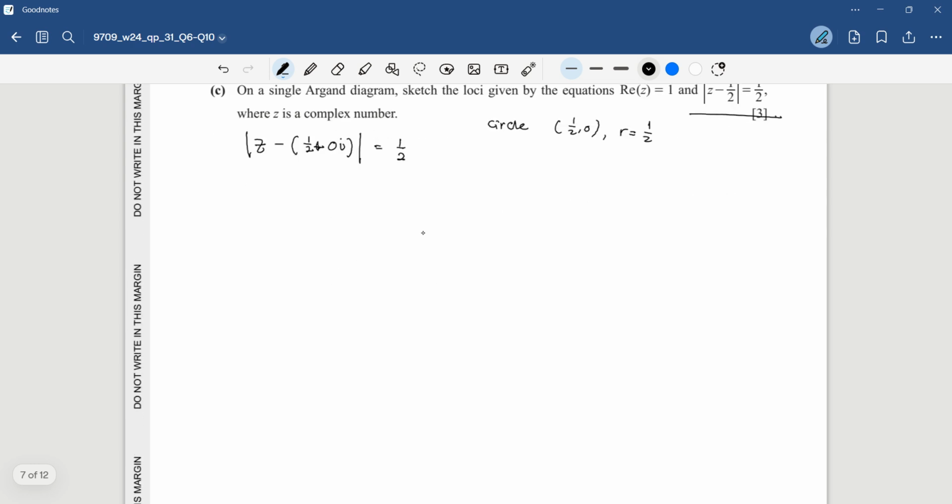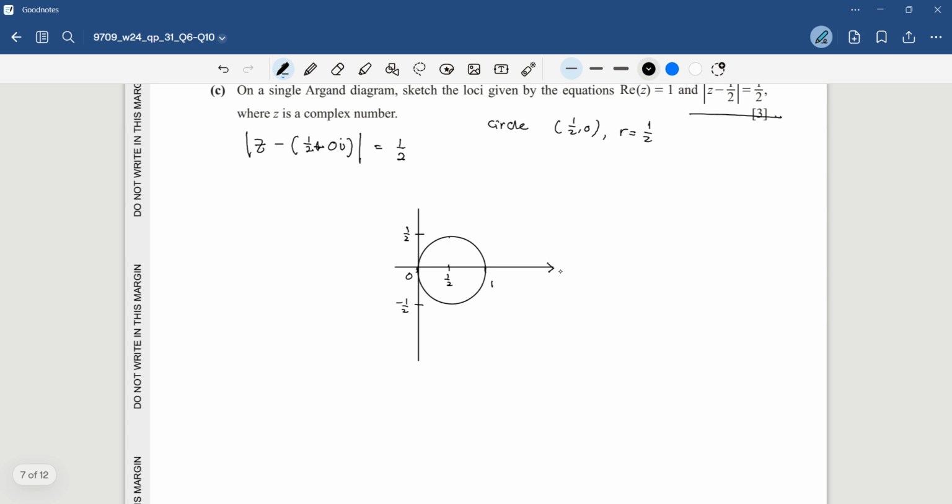Okay, so I just randomly draw first. Sorry, it's quite difficult for me to draw without this thing. Okay, so it will be half, 1, 0, half, negative half.